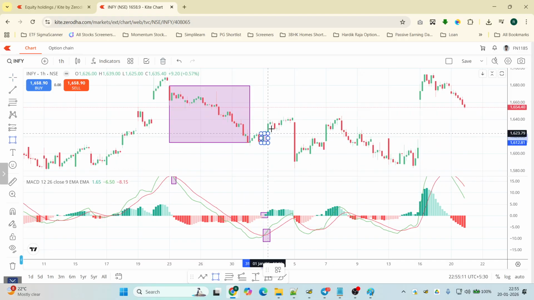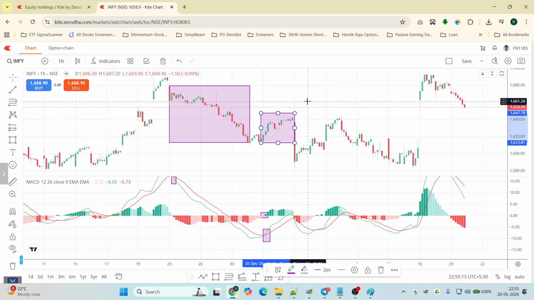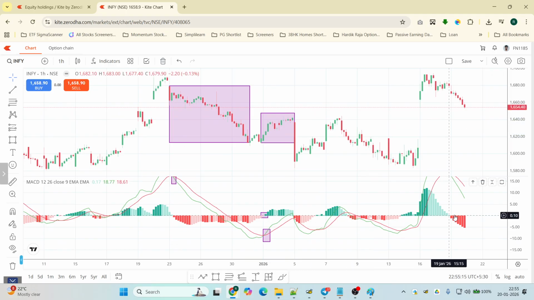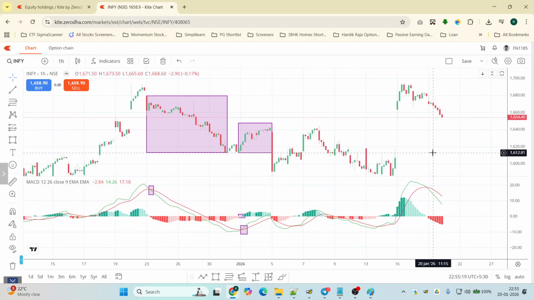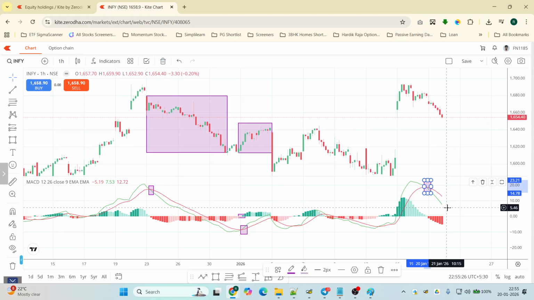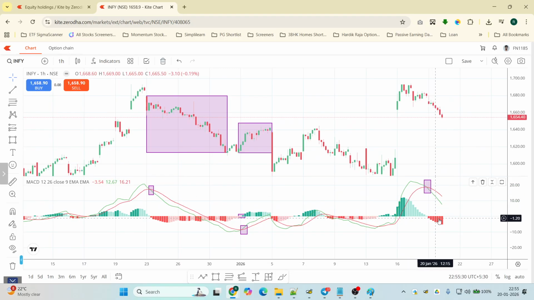So we are seeing a minor uptrend which has started, and as of now we can easily say with the help of MACD, Infosys is in a downtrend. Why? Because MACD has gone below the signal line, histogram is below the zero line, right? And from this point onwards, Infosys has started to fall.